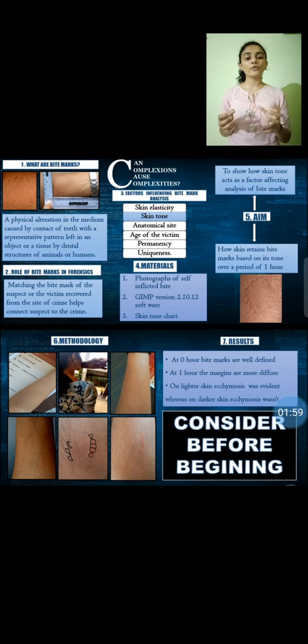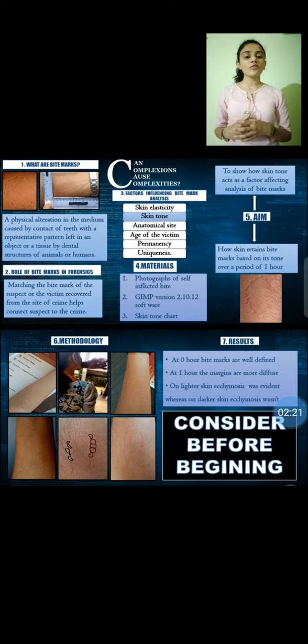There are various materials that we used for this study of mine. First, we used photographs that were taken at 0 hour and 1 hour of the inflicted bite mark. We used the GIMP software to trace the bite marks and also a skin tone chart to compare the skin tone of the subjects and determine the kind of skin tone of that individual subject.